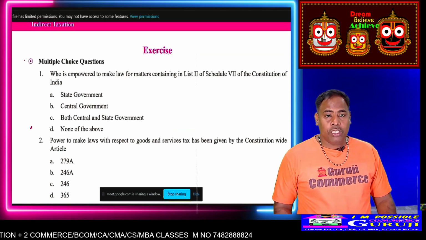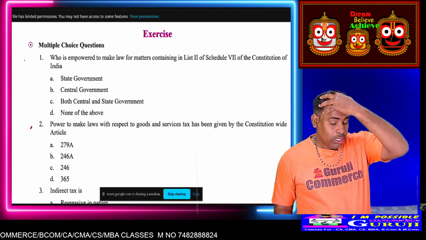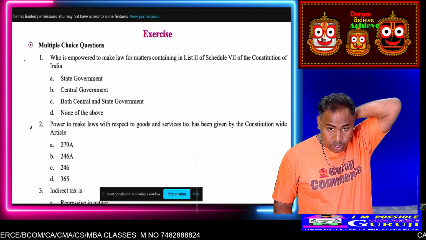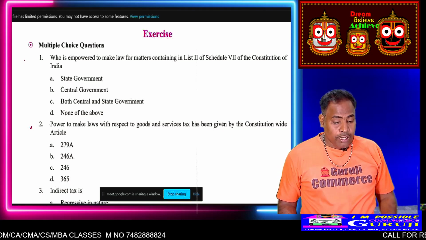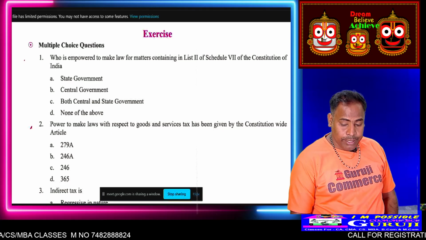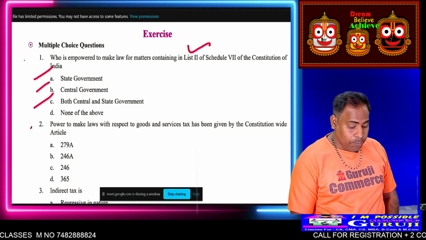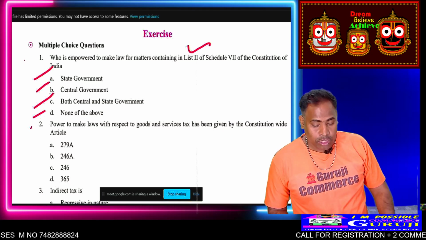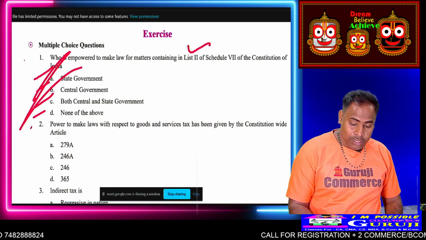Let's do multiple choice questions. Who is empowered to make law on matters relating to list 1 of schedule 7 of the Constitution of India? State government, central government, both, or none of these?